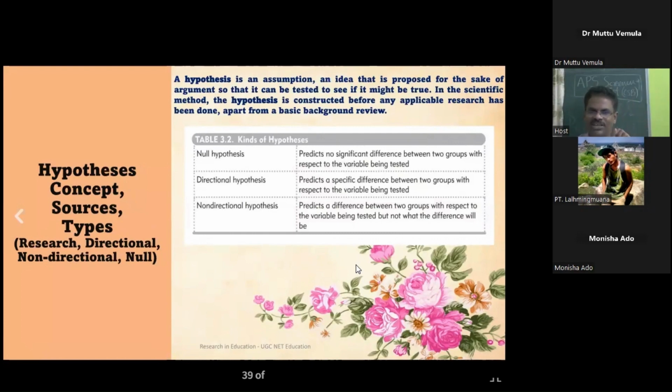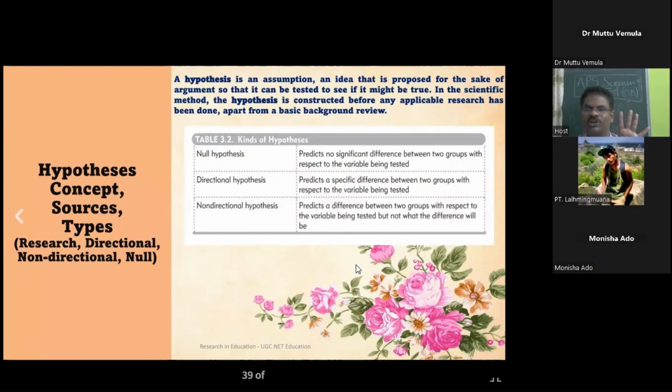The question is, which of the following statements is not true with regard to hypothesis? Option 1, hypothesis is an assumption. Option 2, hypothesis is proposed to argue. Option 3, hypothesis is proposed to test it. Option 4, hypothesis is proposed to prove it.